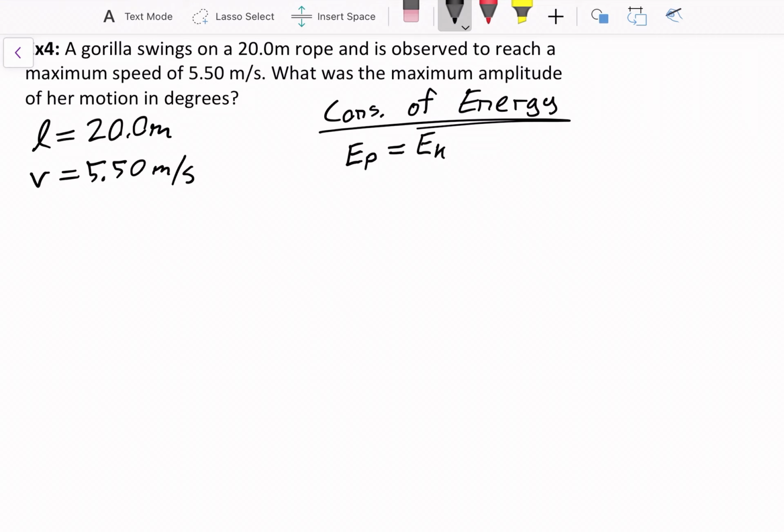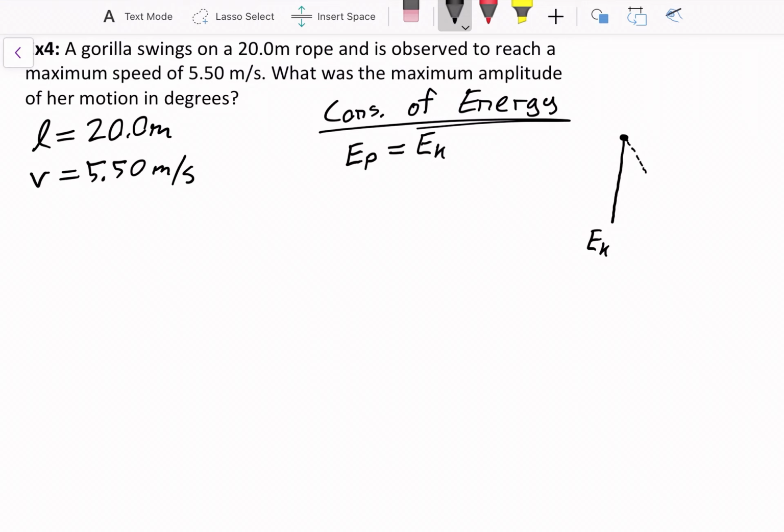So as our gorilla swings, when the gorilla is right at the equilibrium position, this is where our kinetic energy is maximized. So at this point, all of the gorilla's energy is in kinetic form.